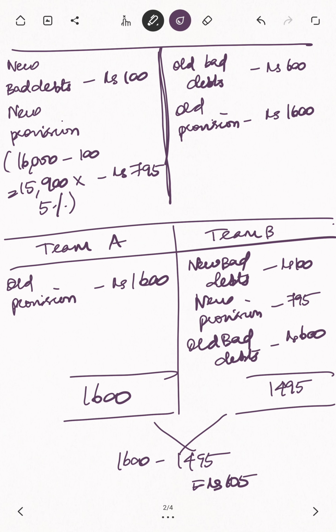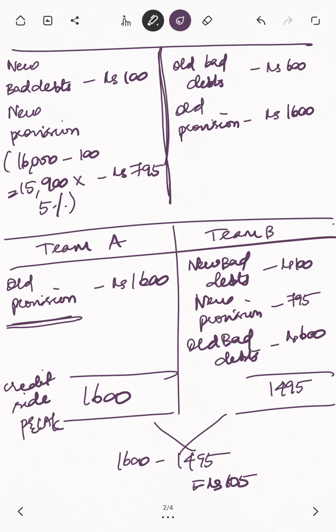So next step is where we have to put the difference: in the debit side of the P&L account or the credit side of the P&L account. Only one trick is enough. Compare both the teams, which has the highest value. If team A, which is the only team, which means the old provision, has the high value, which means the total is high, then the difference will come under the credit side of the P&L account.